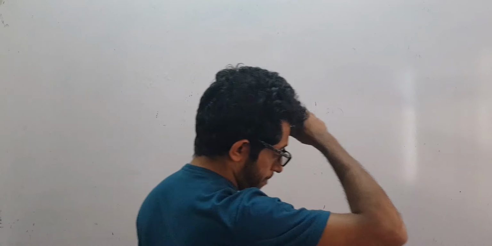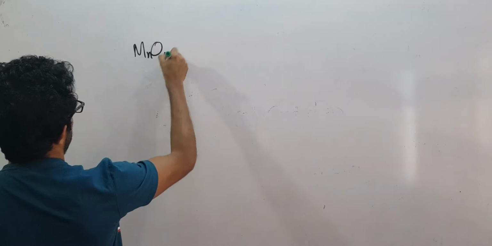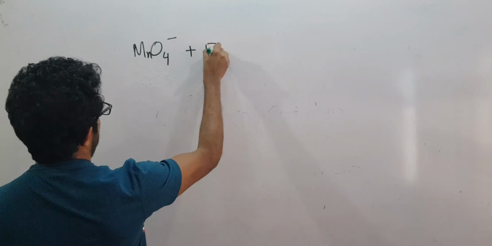There are a few basic rules that we have to remember when balancing a redox reaction. I will give those steps, and then I will do an example as well. Let us say we are going to balance this reaction, a very common reaction that you find in A level.